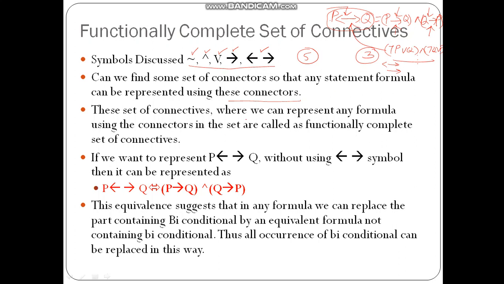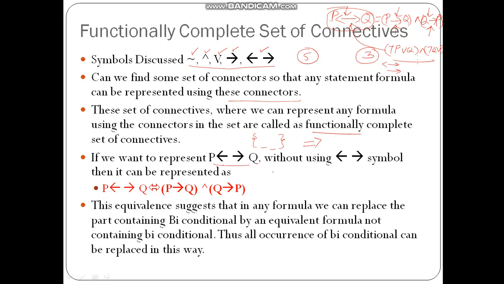So a set of connectives where we can represent any formula using the connectors in the set is called a functionally complete set. In this particular set, I want to identify how many connectors are required so that I can represent any formula. So let us say you want to represent P biconditional Q without using the biconditional.